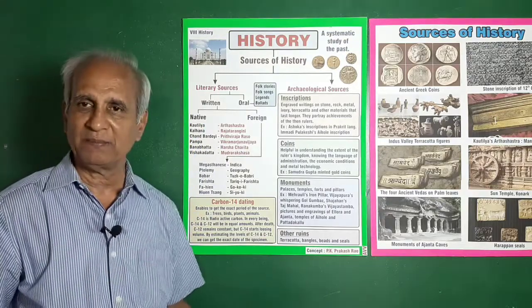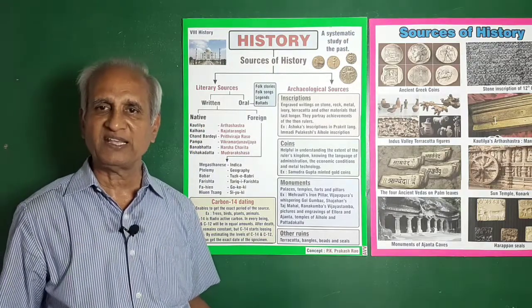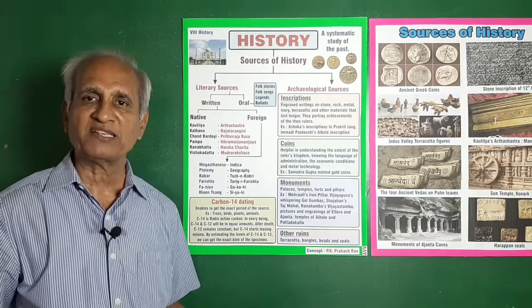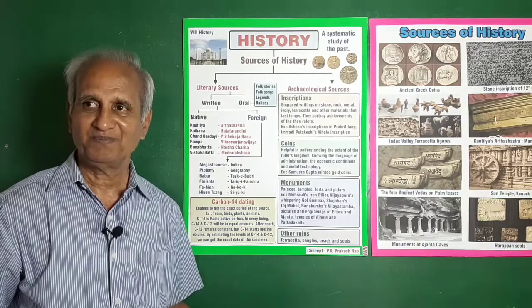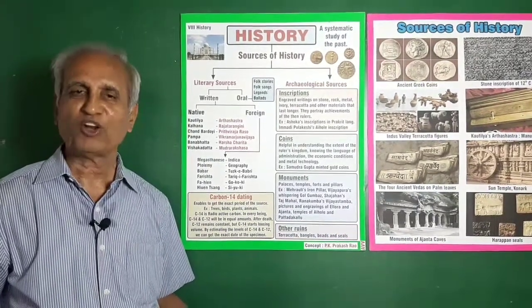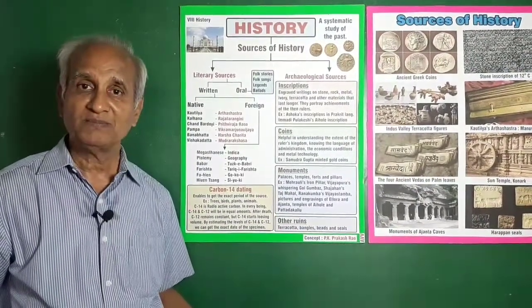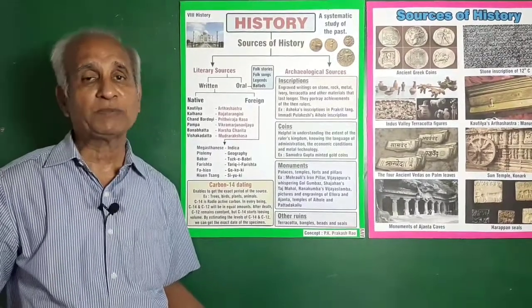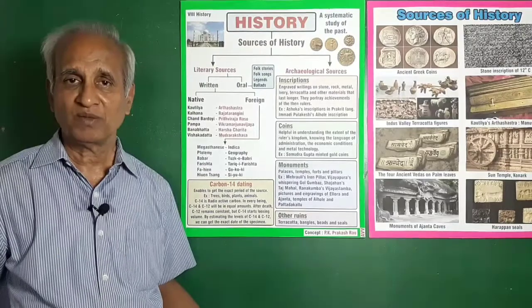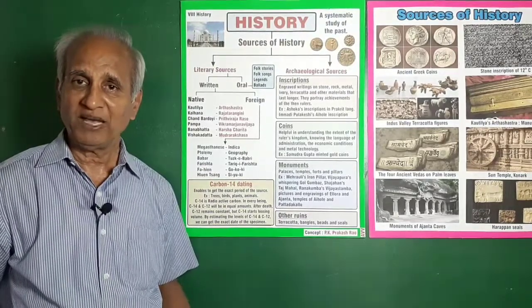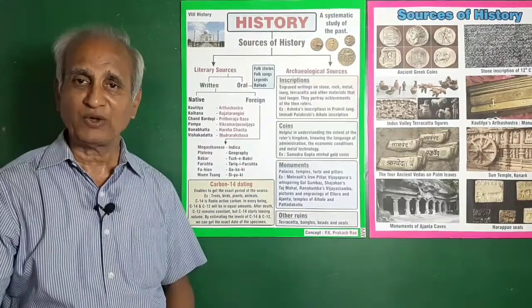Kautilya, you might have heard his name. He was also known as Chanakya. He was there in Chandragupta Maurya's kingdom. He was his great guru and minister. Chandragupta Maurya was the son of a maid in the court.